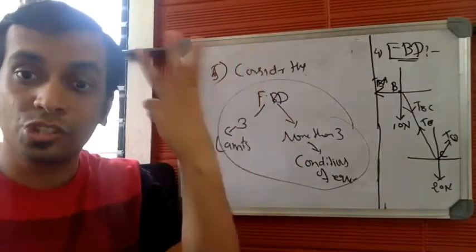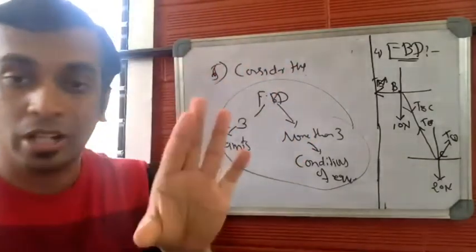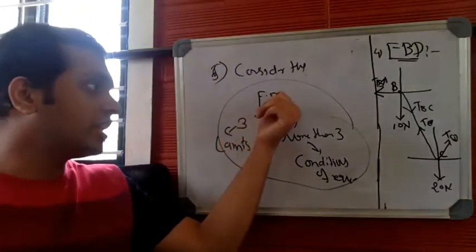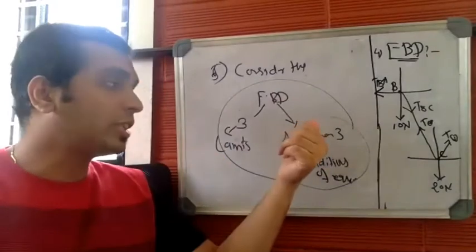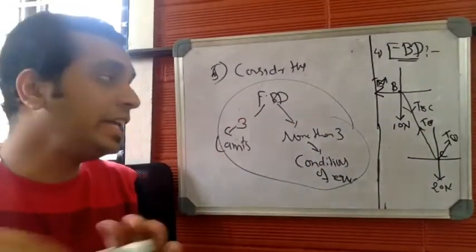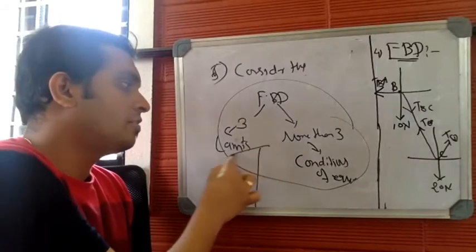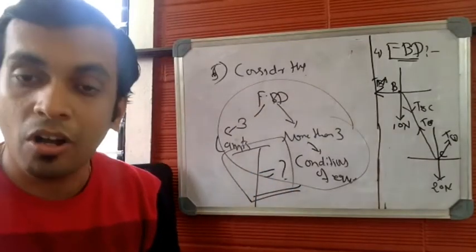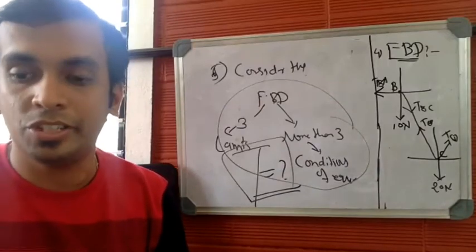If it has 3 forces totally, I'm not speaking about unknowns now, you can apply Lami's theorem. If it has more than 3 forces totally, you have to apply the conditions of equilibrium. And finally find the value of tension T, which runs through all the cable segments.